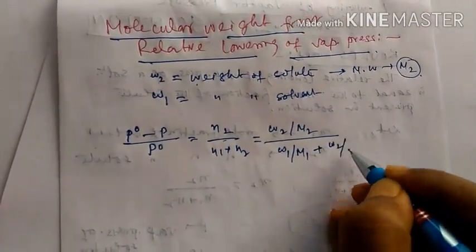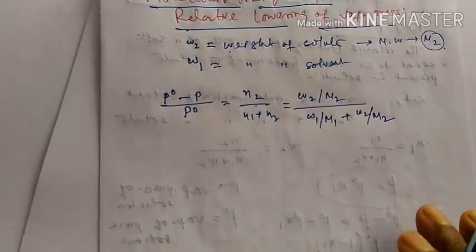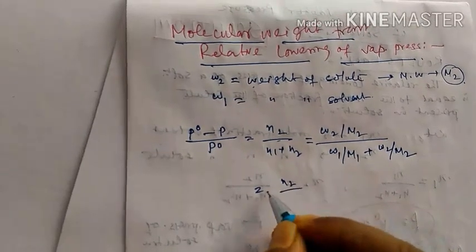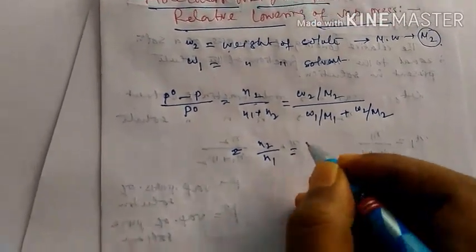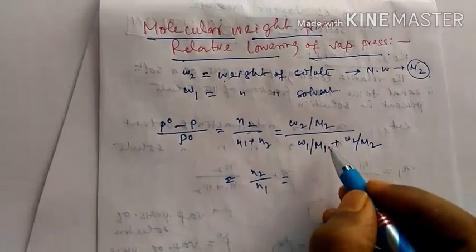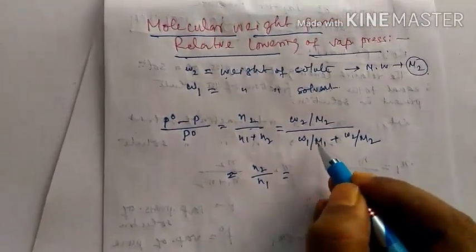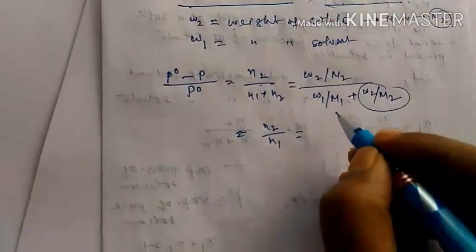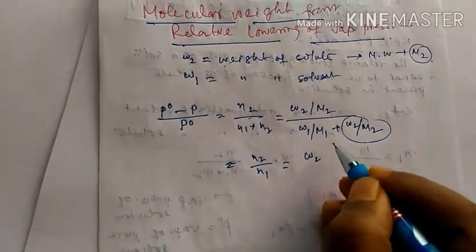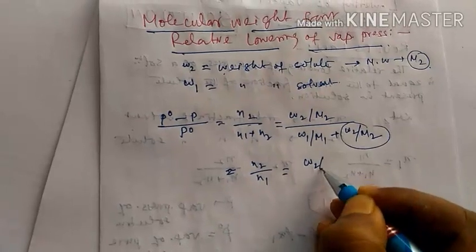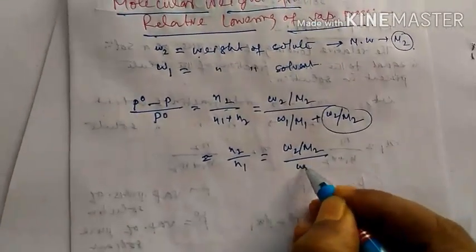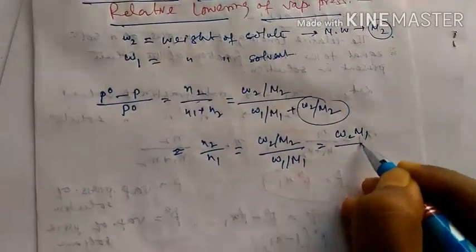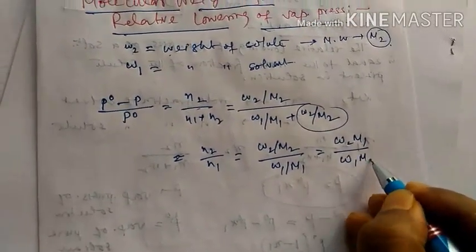Considering this, approximately it is n2 by n1, so we get W2 by M2 by W1 by M1, that is W2 M1 by W1 M2.